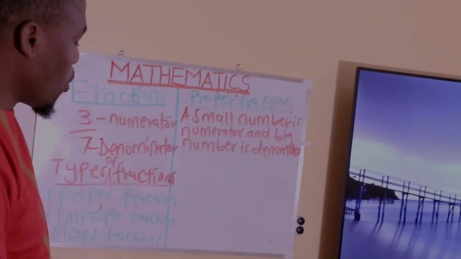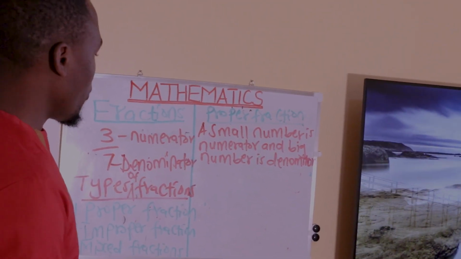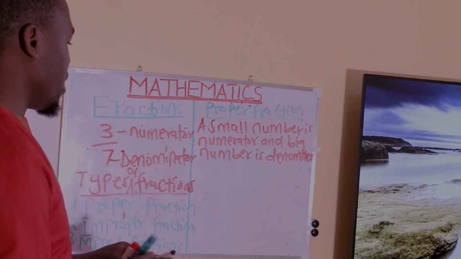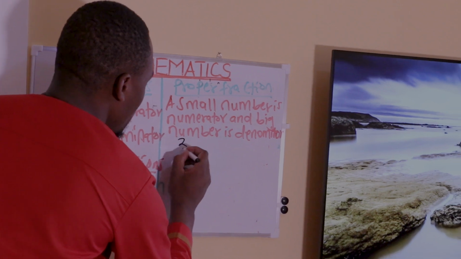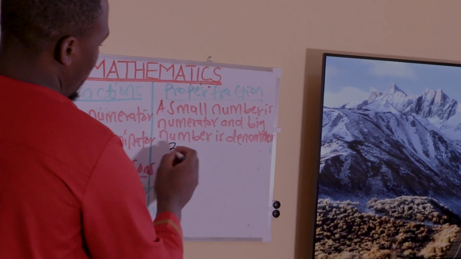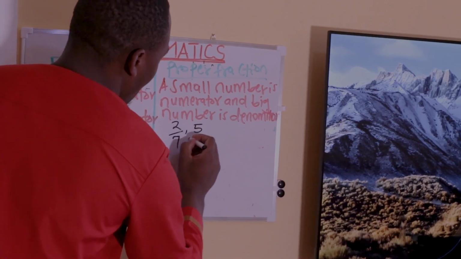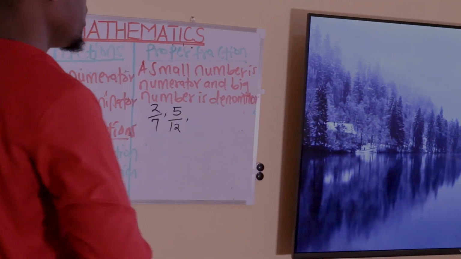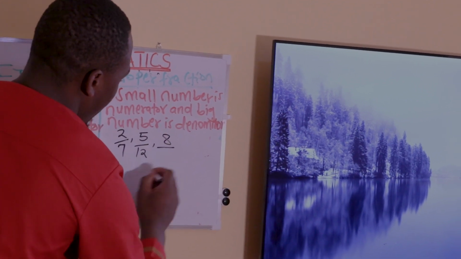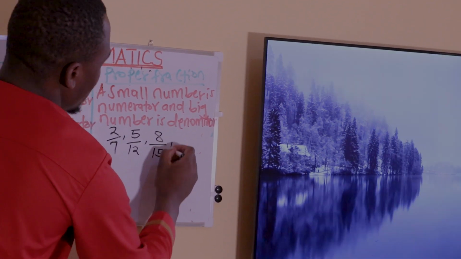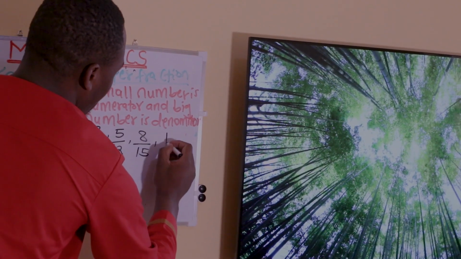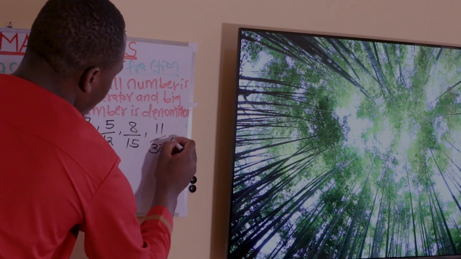Now, examples of proper fractions, where the numerator is small and the denominator is big. A good example is 2 out of 7. You also have 5 out of 12. We also have 8 out of 15, and 11 out of 30.